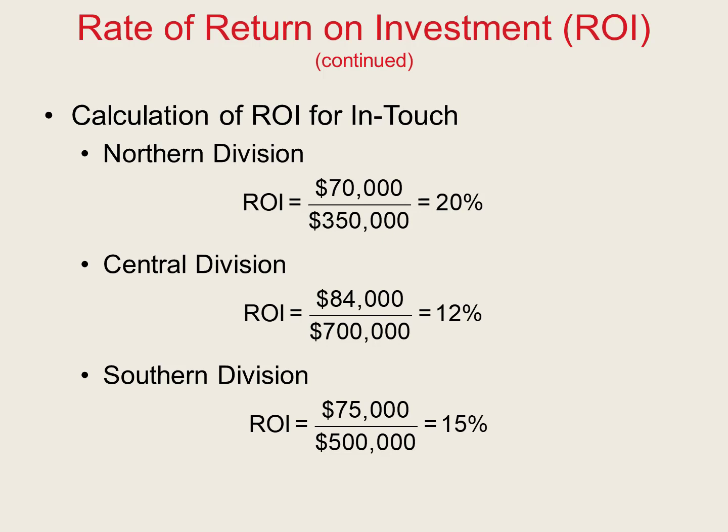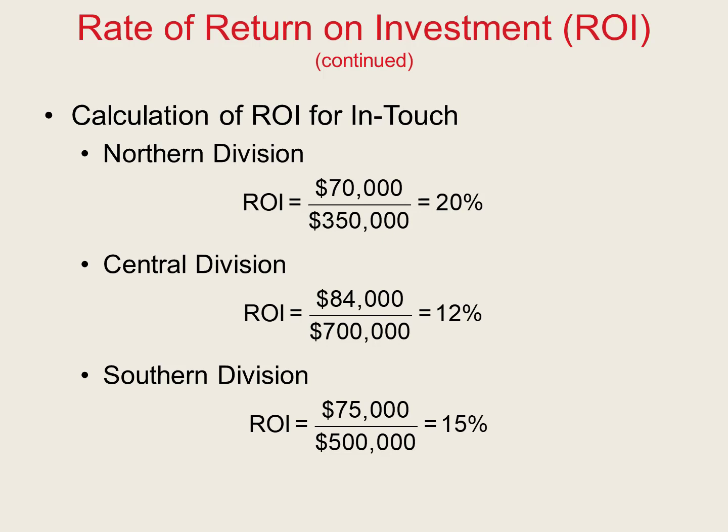This is interesting from the perspective that when we looked originally at the net income, the Central Division appeared to be doing the best. However, when we consider this from the perspective of contributed capital, we see that the Central Division has a much lower return on investment as compared to both of these divisions.